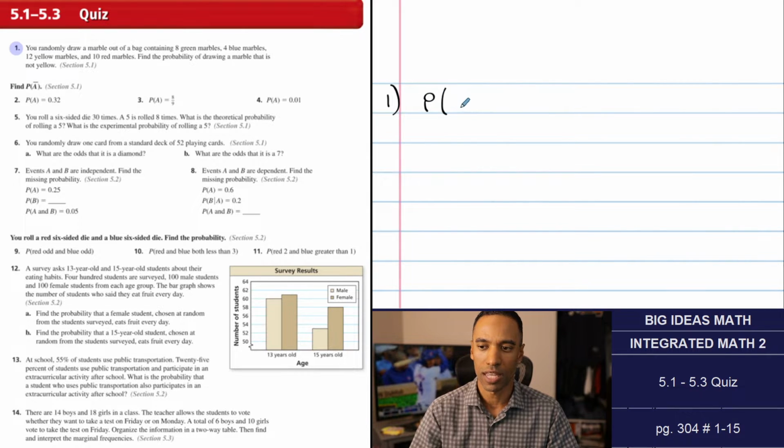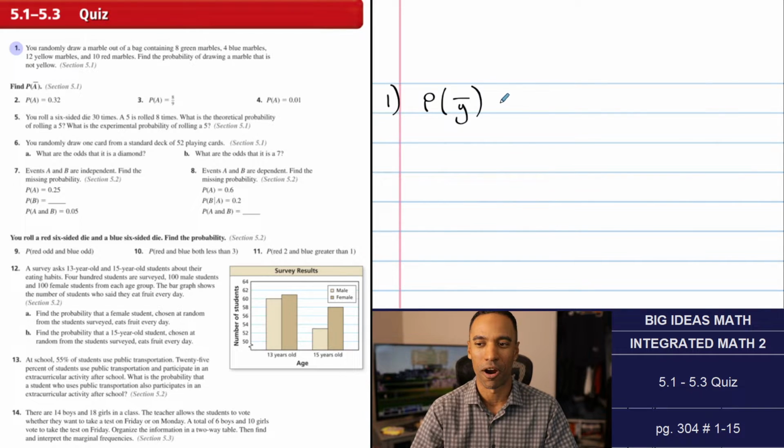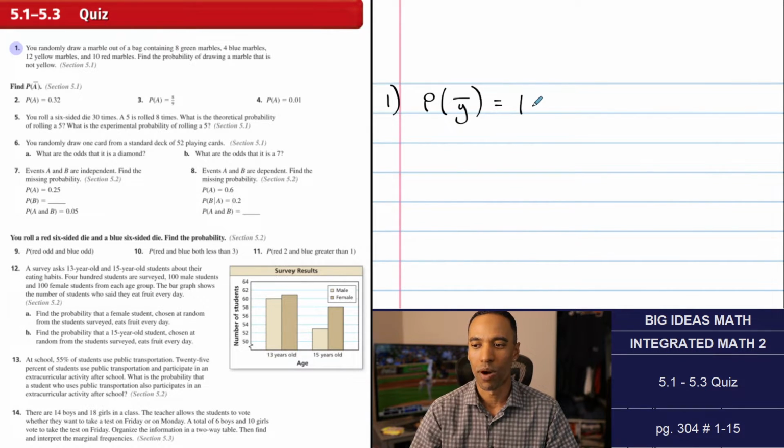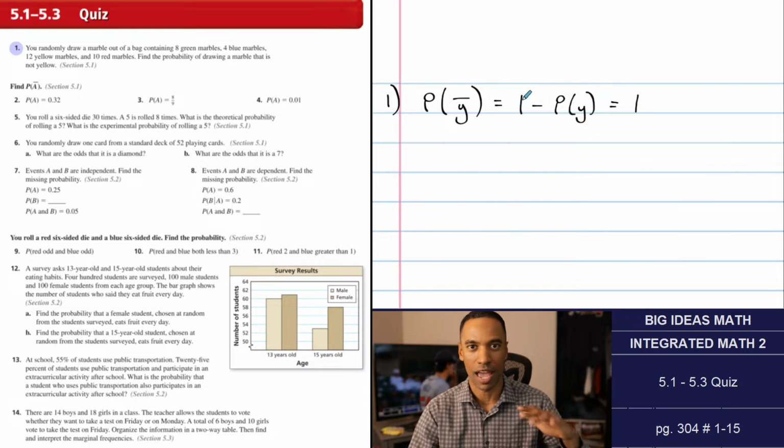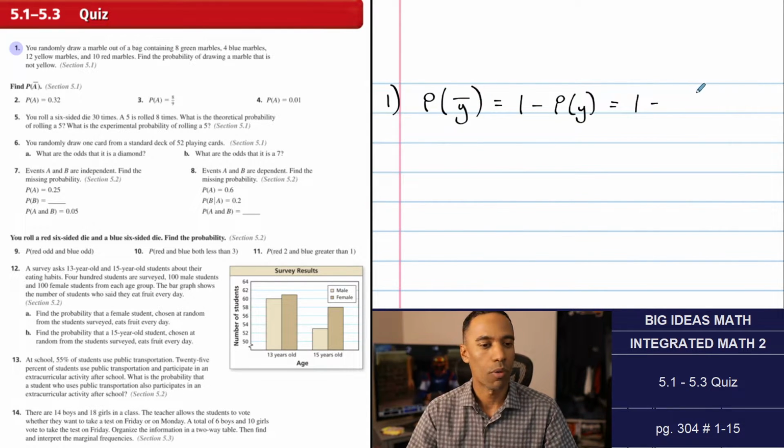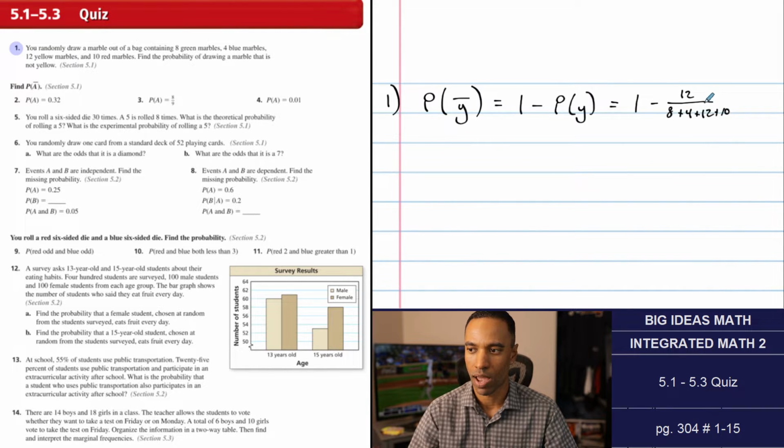So finding the probability of not yellow, which we write like yellow with a bar, it's going to be 1 minus the probability of yellow. That's the fastest way, because 100% of everything minus the probability of just yellow is everything else that's not yellow. There are 12 yellow marbles, and in total there are 8 green, 4 blue, 12 yellow, and 10 red.